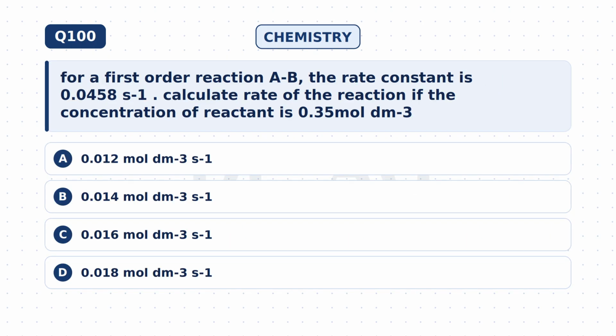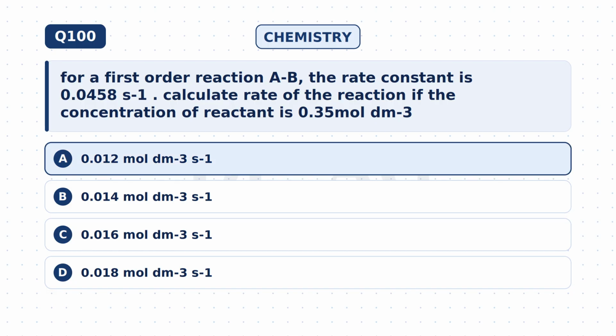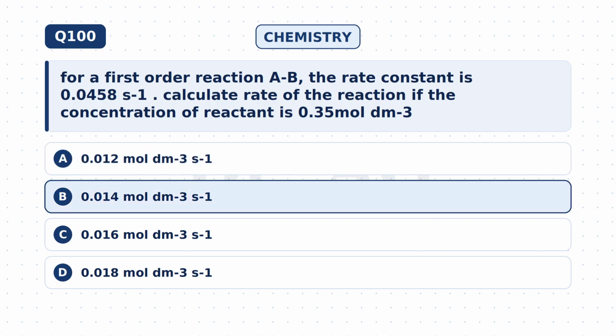Question 100. For a first-order reaction A to B, the rate constant is 0.0458 s^-1. Calculate rate of the reaction if the concentration of reactant is 0.35 mol dm^-3. Option A, 0.012 mol dm^-3 s^-1. Option B, 0.014 mol dm^-3 s^-1.